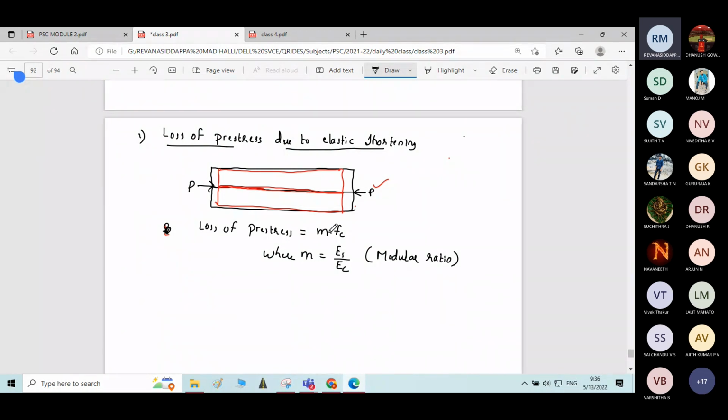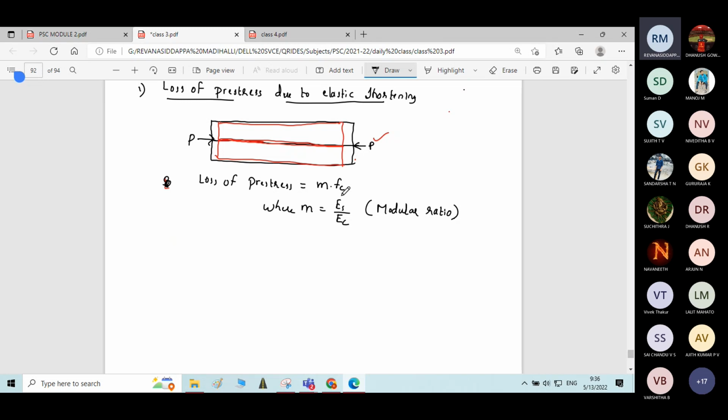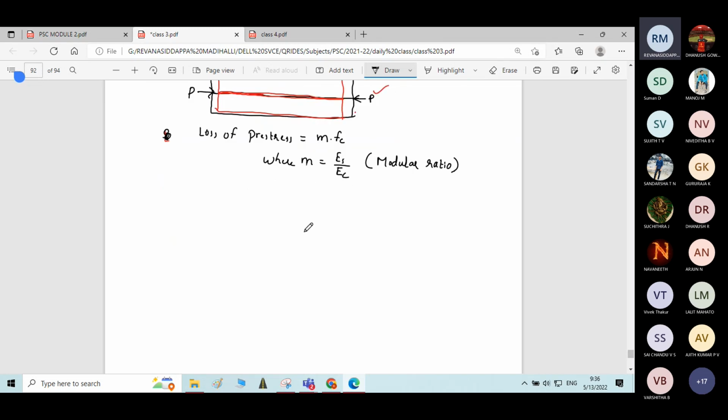Modular ratio multiplied by the stress in the concrete at the level of steel, fc. If you multiply both values, then you will get the loss of pre-stress due to elastic shortening.